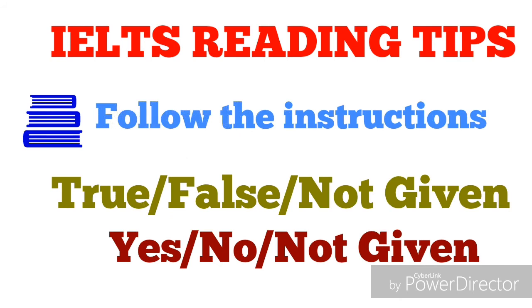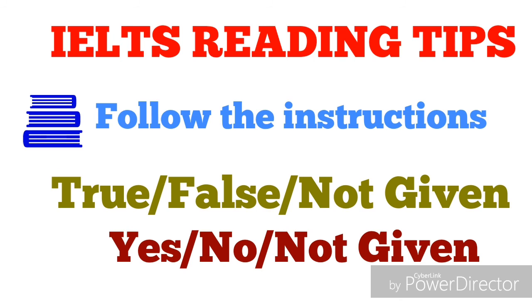Now, an important tip regarding yes, no, not given and true, false, not given question is: always follow the instruction. Whenever you see that it is mentioned to write true, false, not given, never take a chance and write TFNG. And similarly, in the case of yes, no, not given, you have to write yes, no, not given if it is clearly mentioned that you have to write the three alternatives.